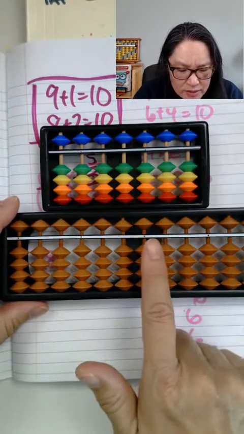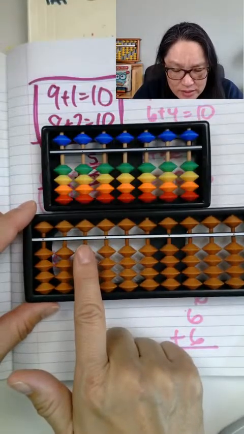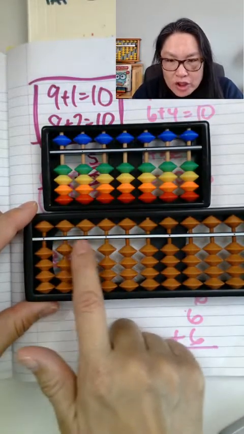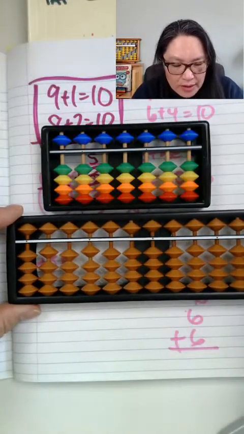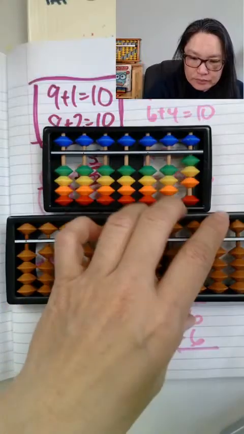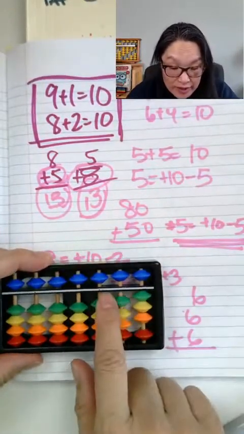When I count it, it's ones, tens, hundreds, thousands, 10,000, 100,000, and 1 million. So it doesn't matter what dot you use. It just matters where you want your ones to be. I did it over here because it was easier to see.